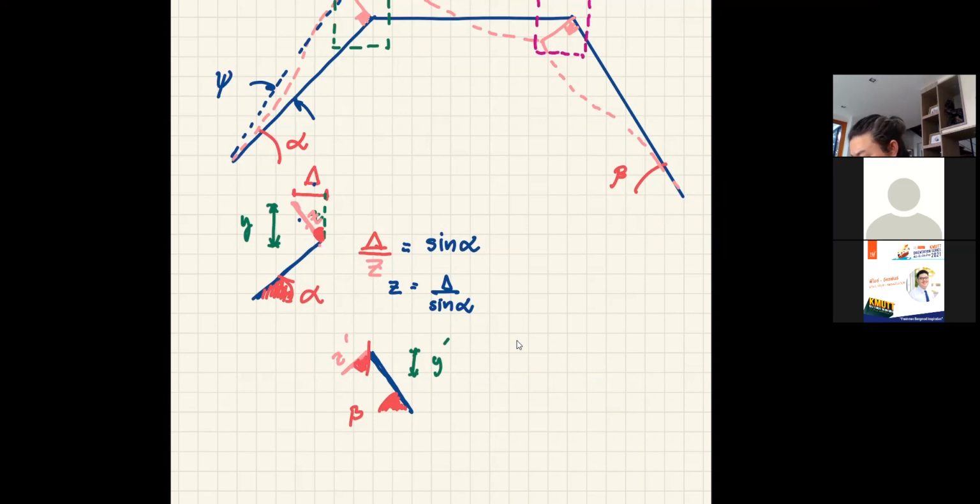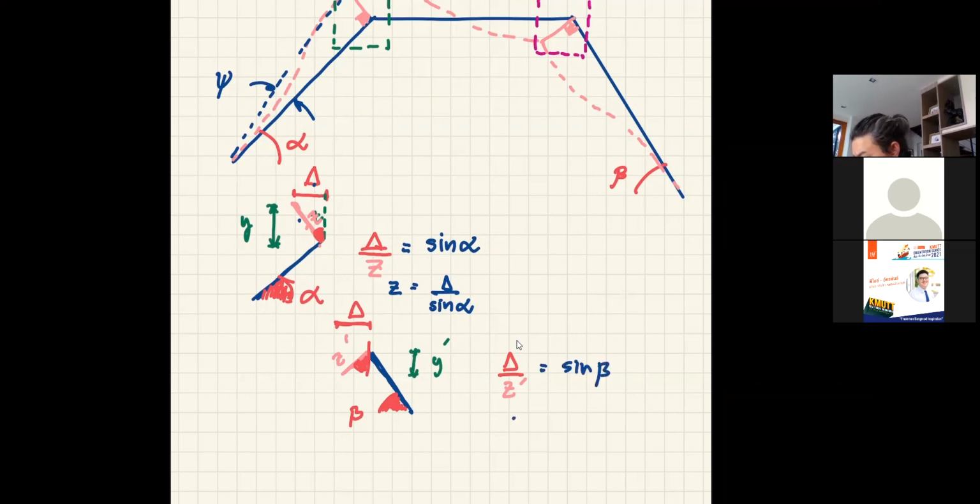And now because we know that this is also the same delta, if you look at this triangle, it's delta over C prime, which is equal to sine beta.